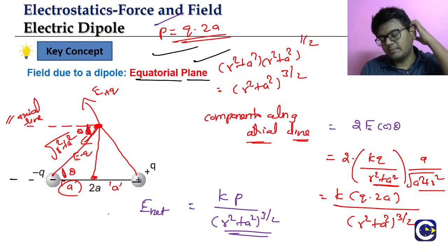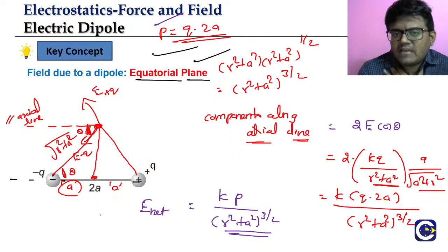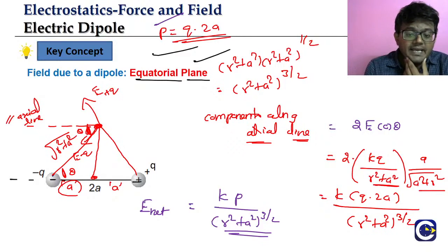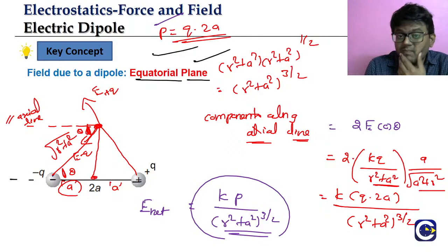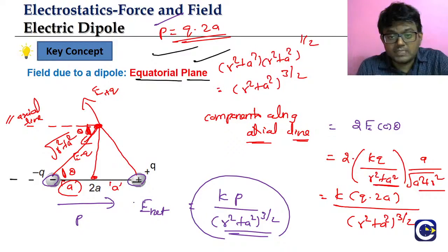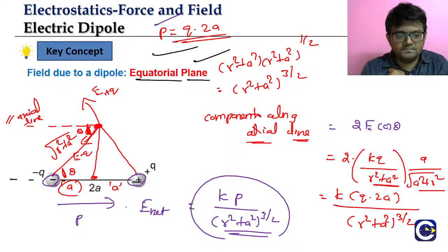Another point: when we want to represent it like a vector, we should multiply the vector magnitude with the unit vector in that direction. Minus q is here and plus q is here, so the dipole moment's direction is towards the right side in this representation. But what about the net field?